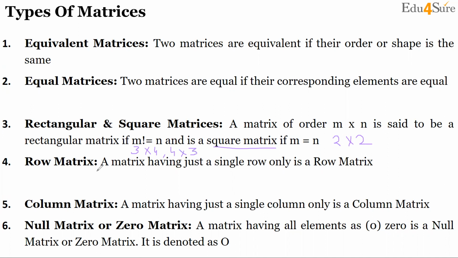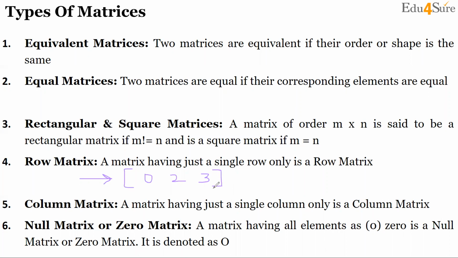A row matrix is where you have only a single row. Let me show you what it looks like.